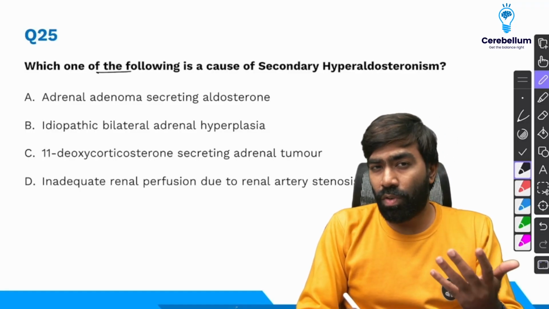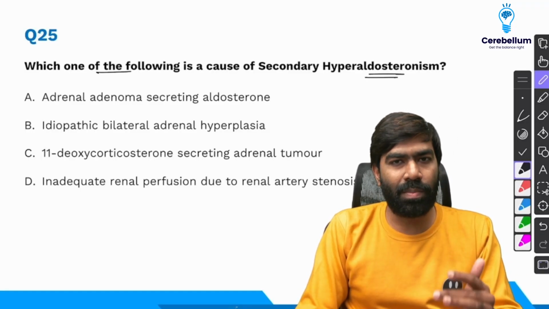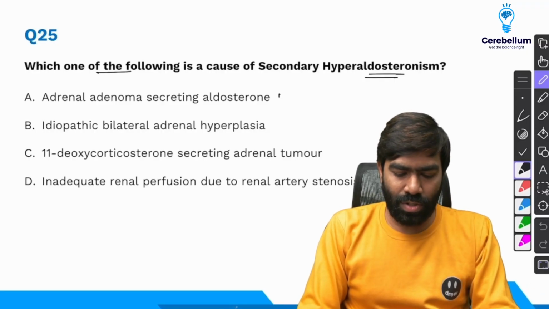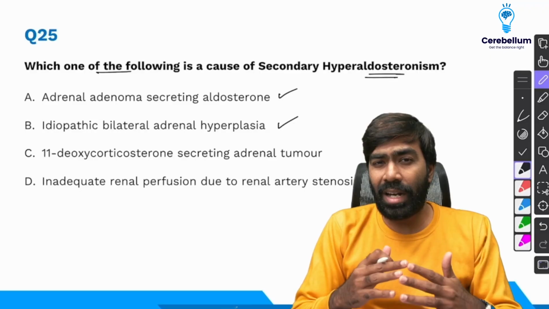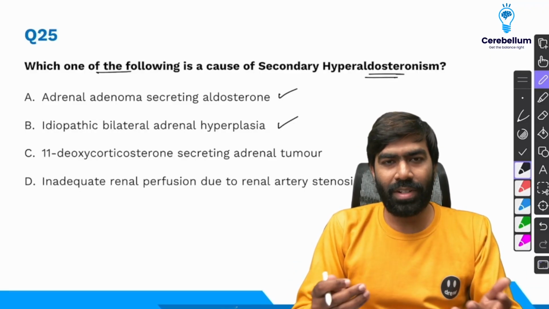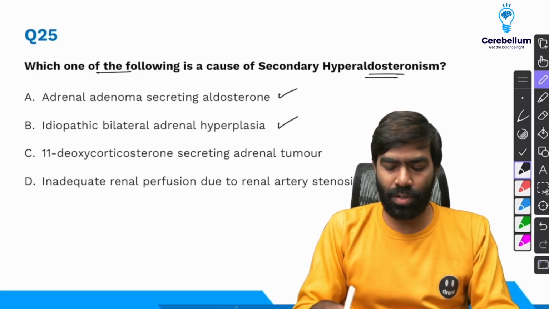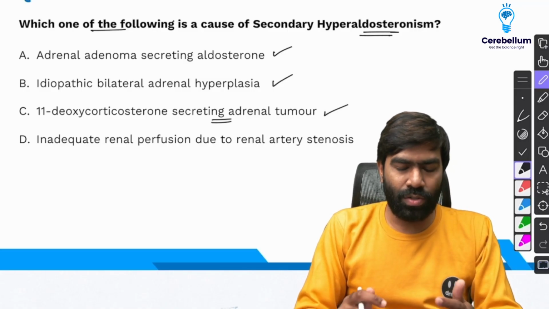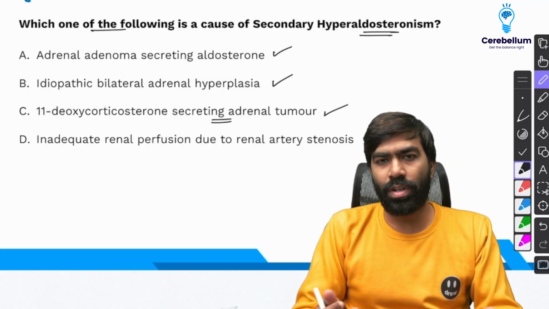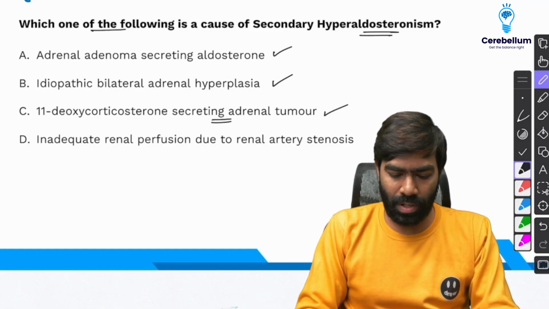25th question, which of the following is a cause of secondary hyperaldosteronism? Aldosterone secreting adenoma or bilateral adrenal hyperplasia producing high aldosterone levels are basically primary hyperaldosteronism causes. And 11-deoxycorticosterone secreting adrenal tumor is also going to produce a primary hyperaldosteronism picture.